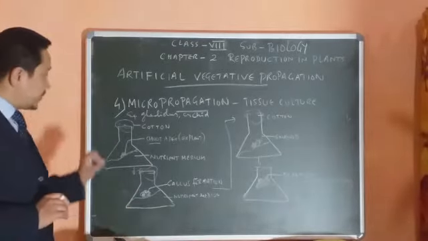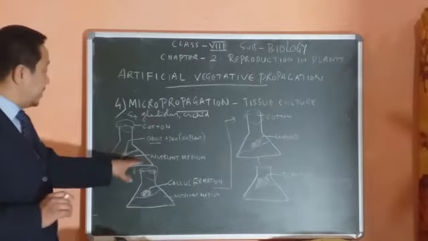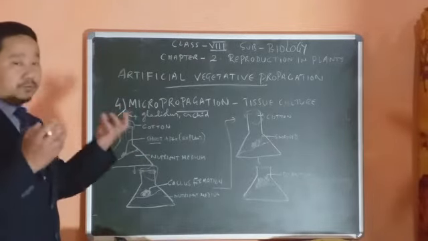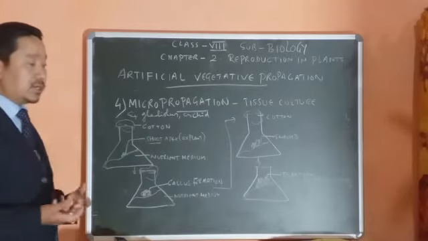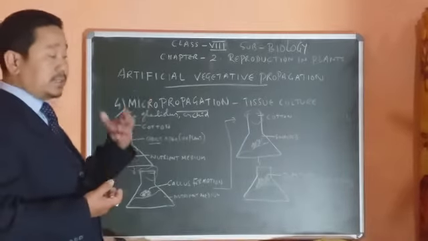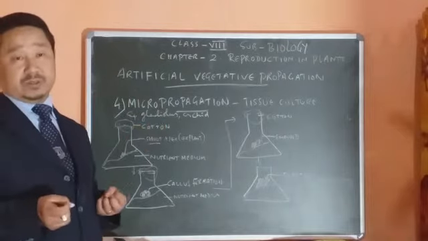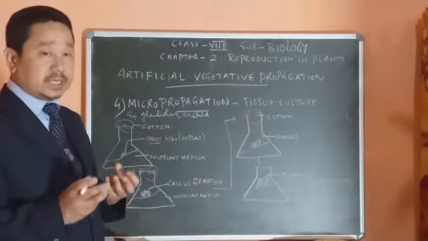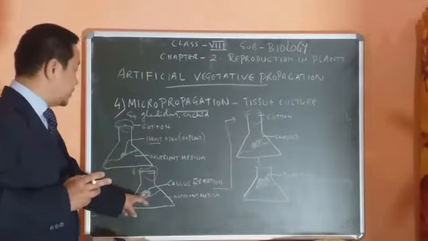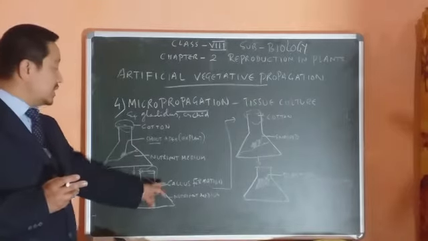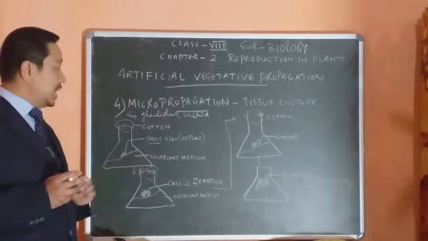Then, at the expense of the nutrients from here, these cells grow. They may rapidly undergo cell division, then differentiate and grow. A dense cluster of cells is formed in the next stage, which is called callus, C-A-L-L-U-S.